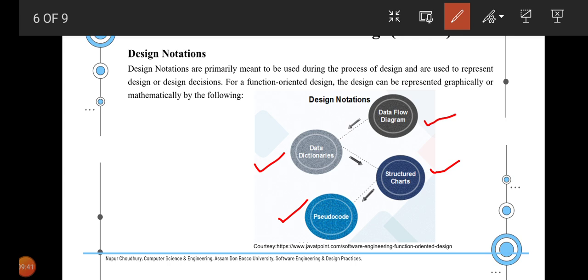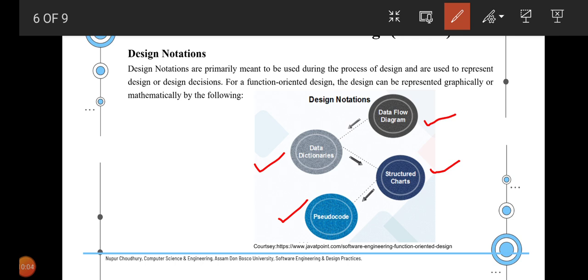Data flow diagram basically is a collection of processes and the input and output related to that particular process. By process we mean the function of that particular system. So we will be dividing it into functions, and the various input and output along with the function is represented here.